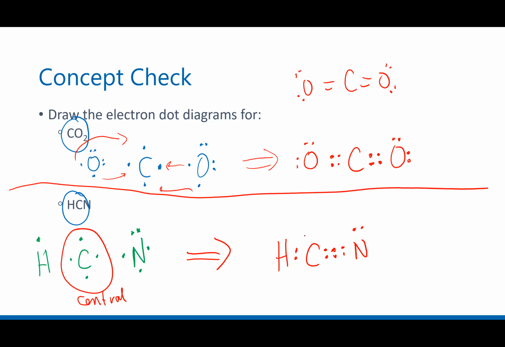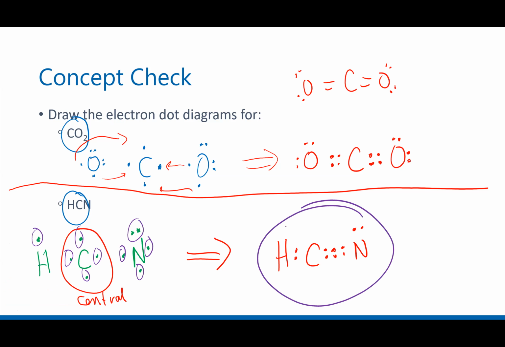One thing I should mention too, I probably should have mentioned this a while ago. Think about the law of conservation of energy or law of conservation of matter. I can't add any electrons here. I can't add anything. What I have in the initial problem is all I can work with. So if I look at the initial problem, I have 1, 2, 3, 4, 5, 6, 7, 8, 9, 10 electrons total.